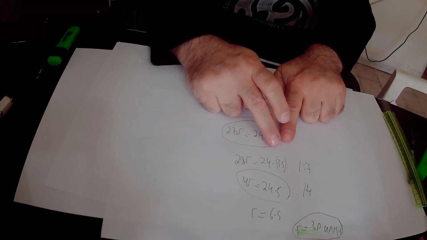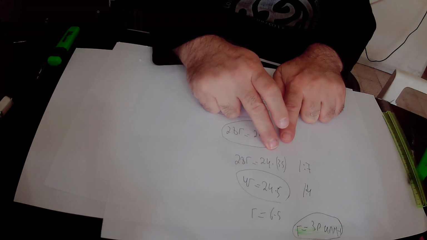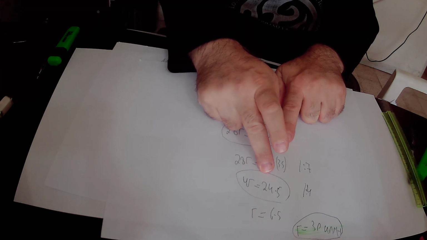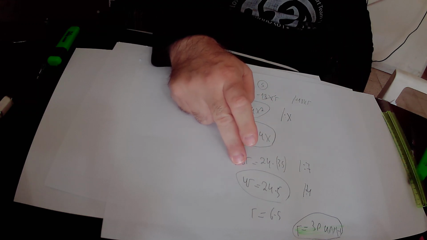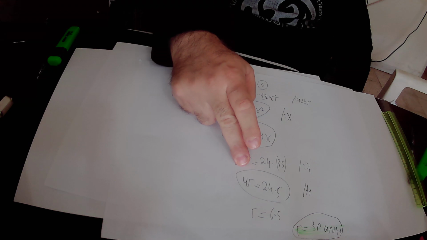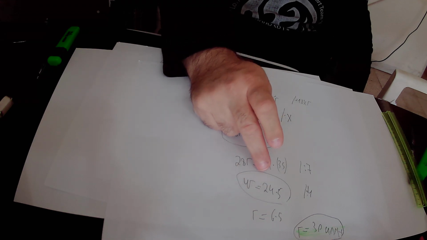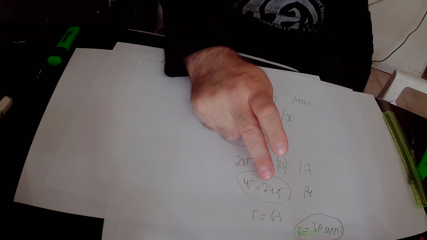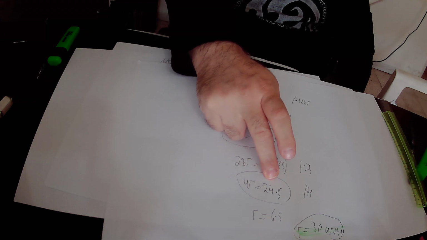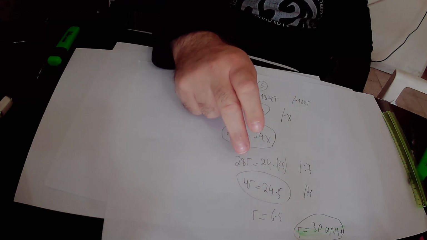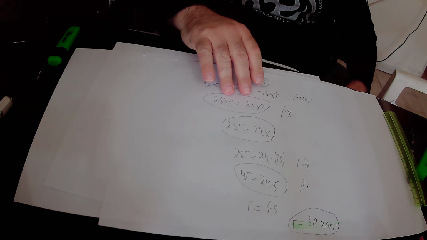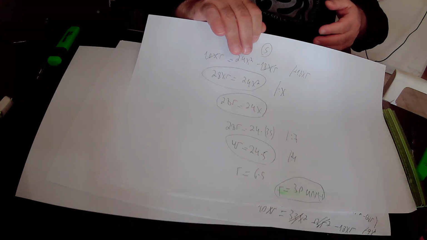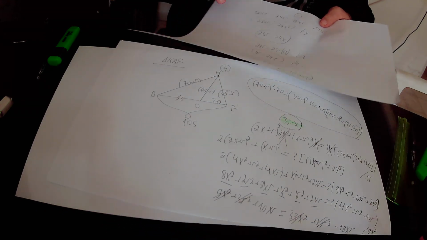And 35 over 7 is 5, so this expression in total equals 24 times 5. Here we divided this equation by 4, so 4R over 4 is R, and 24 over 4 is 6. So this expression in total equals 6 times 5. In conclusion, we found out that R equals 6 times 5. 6 times 5 is 30. So R, the radius of the circle that we are looking for, equals 30 units in length.